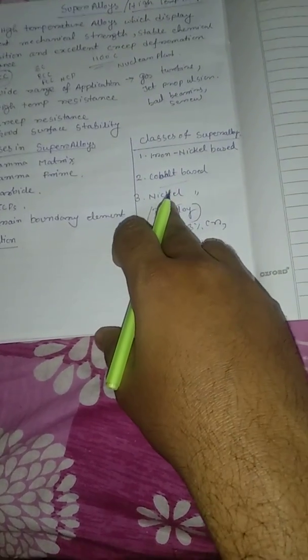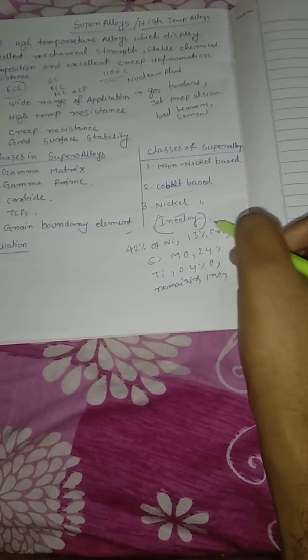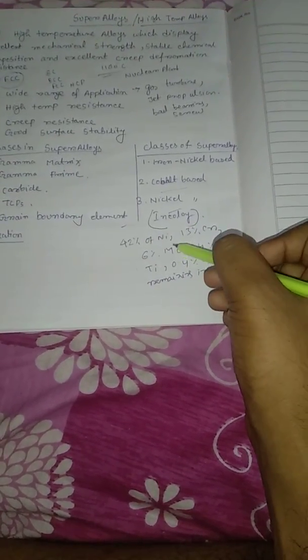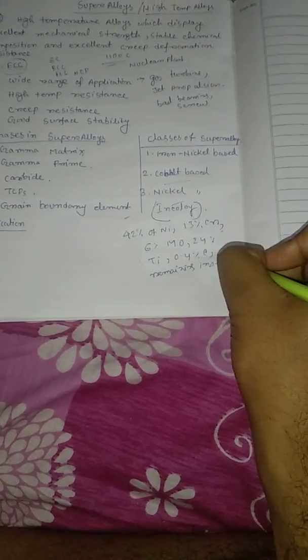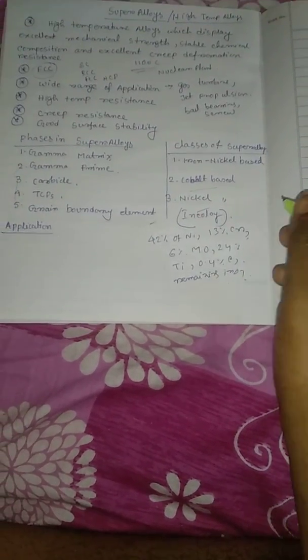So in nickel based alloy, that is sometimes called Incoloy, the composition of that type of alloy is 42% nickel, 13% chromium, 6% molybdenum, 2.5% titanium, 0.4% carbon, and the remaining portion is iron.